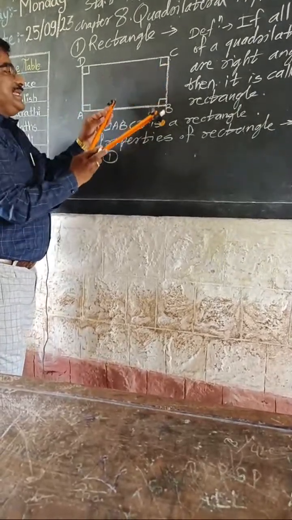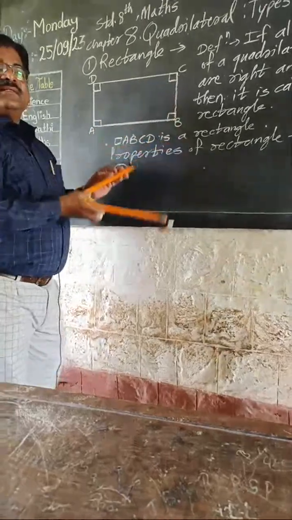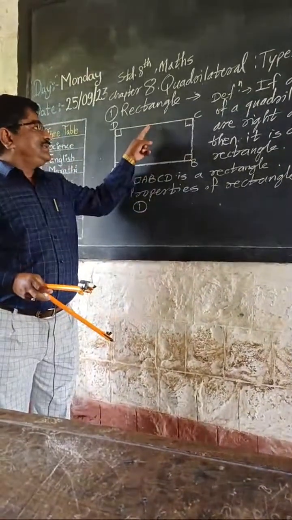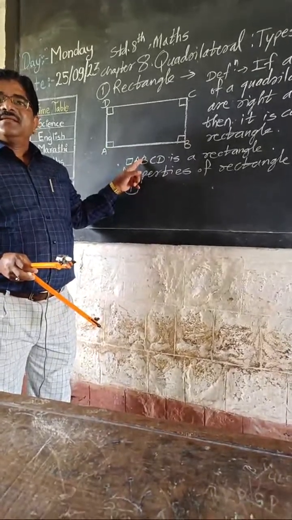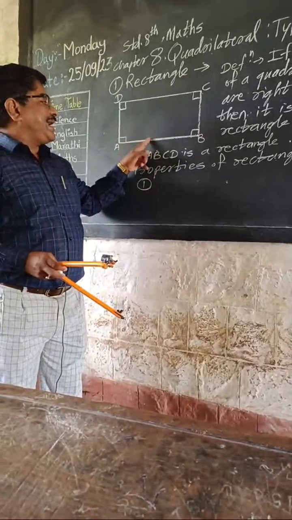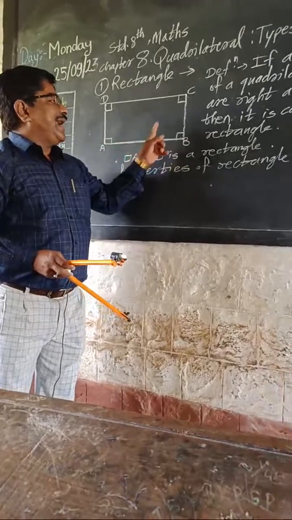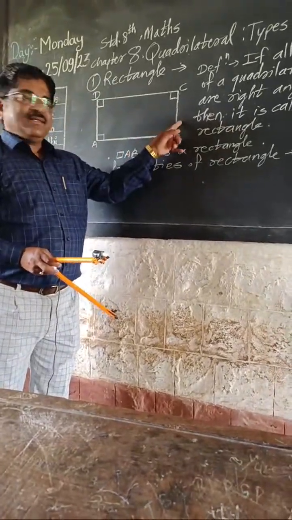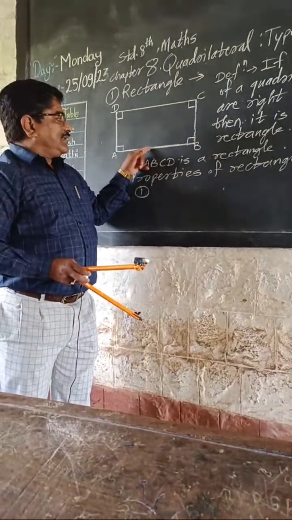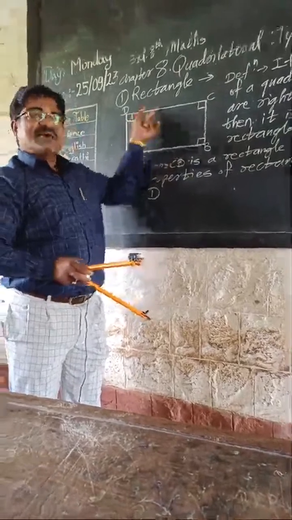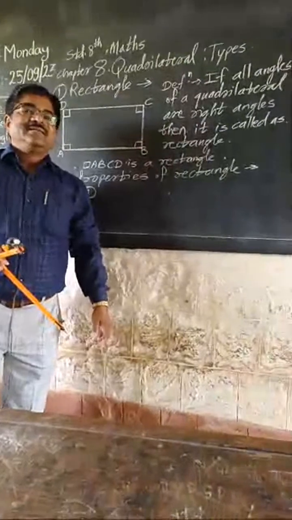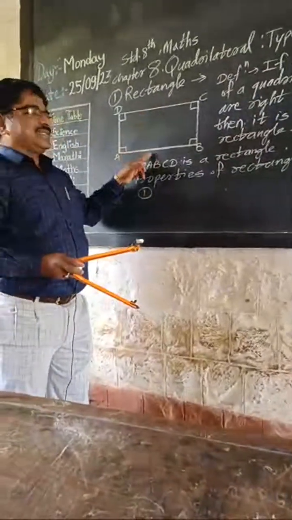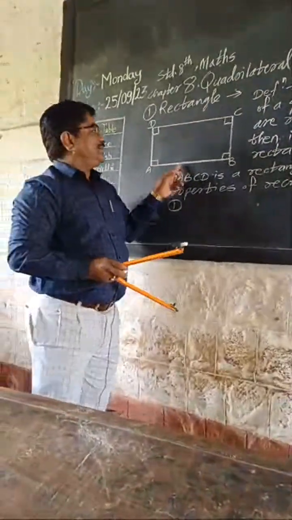Which type of sides are these? If nearer sides are called adjacent sides, then these sides are called opposite sides. Correct, good answer.